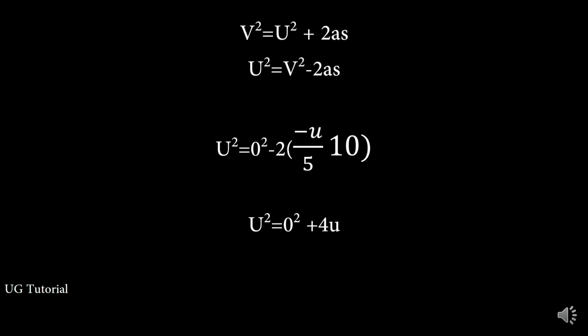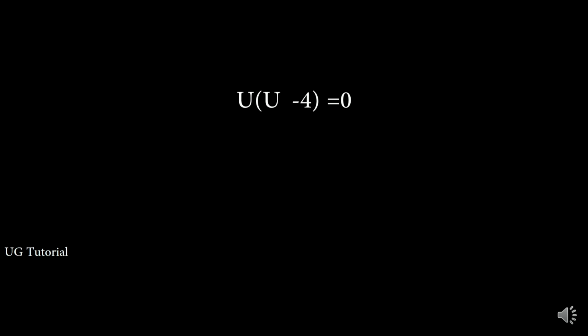Then for that one, there are 2 ways of solving the question. First of all, you have to factorize. Let's factorize our u. So it will be u open bracket u minus 4 close bracket is equal to 0. So there are 2 ways of solving this question.